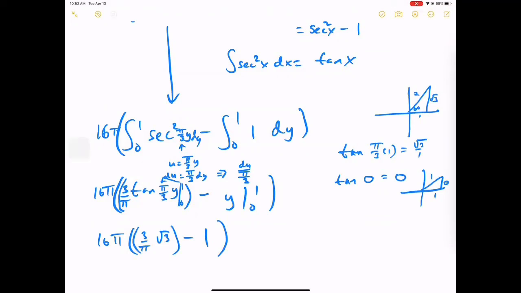So my exact answer is, let me plug it in, 16 pi times 3 square root of 3 divided by pi, minus 1. Oh my gosh, that's the right answer.